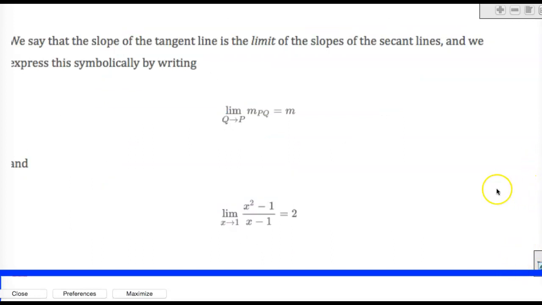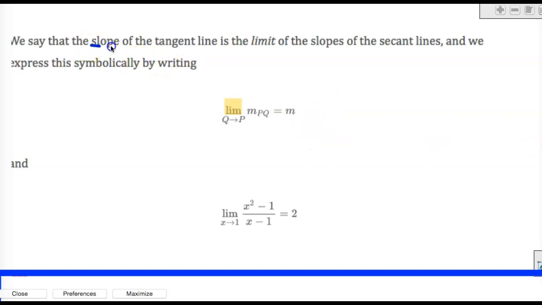That word approaching is going to use this concept of a limit. So the limit, and look at how this notation here, Q is approaching point P, and the slope of that secant line is going to equal m, which is the slope of the tangent line.